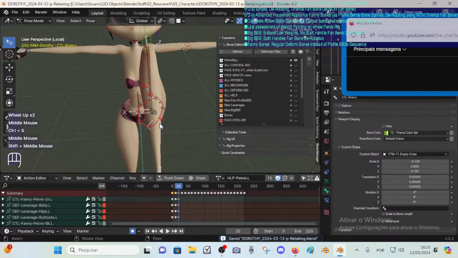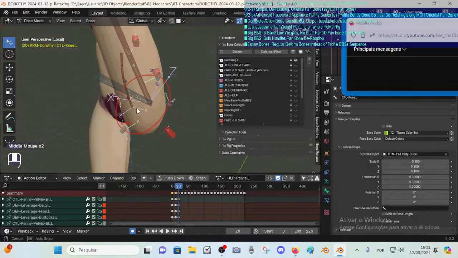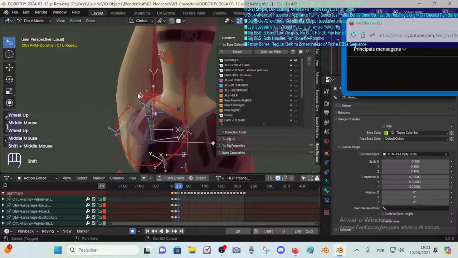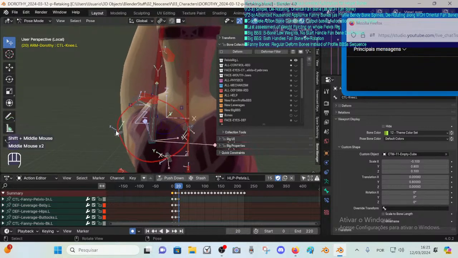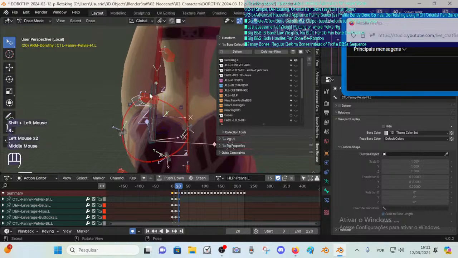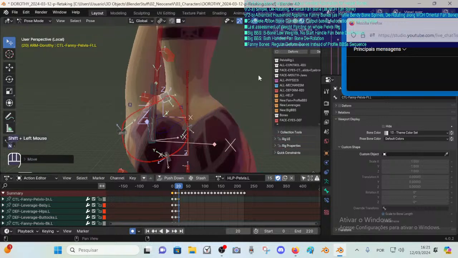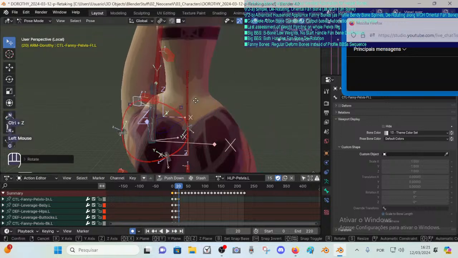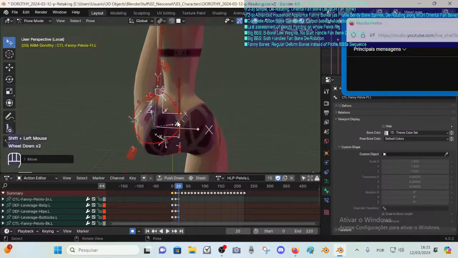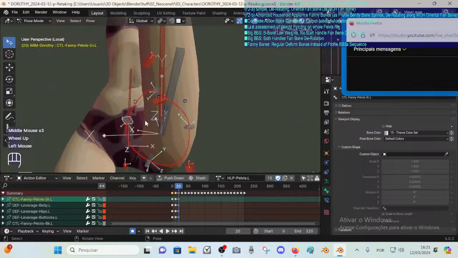All right, so now what I can do is continue. Yeah, the shape is much better now, but we need to keep addressing some shapes here, because from all directions we need to solve the volume, the shape.